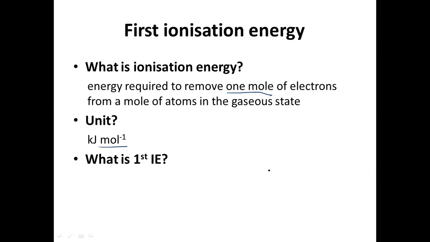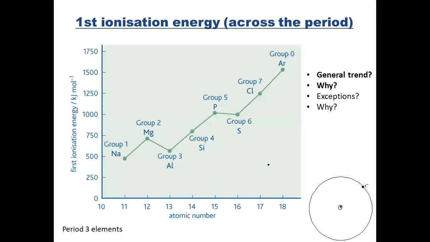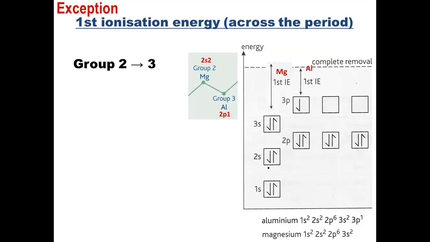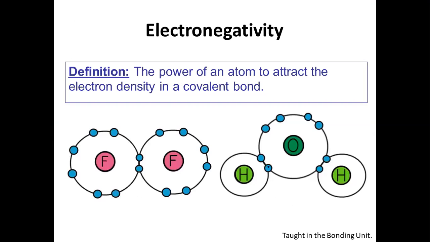What about first ionization energy? The energy needed to remove the first electron. The first electron always needs the least energy to be removed, right? And we had the trends that we just discussed. So this is something that you need to know.